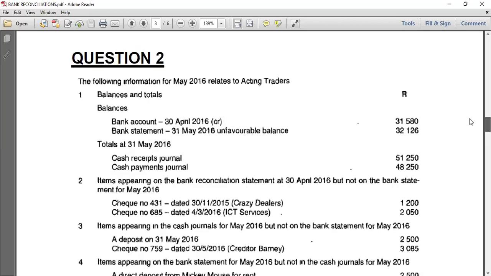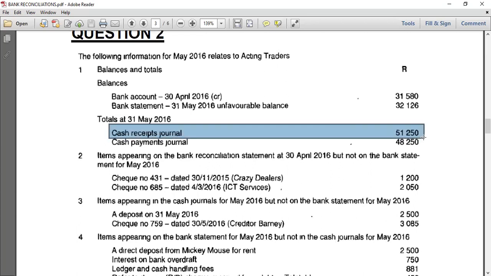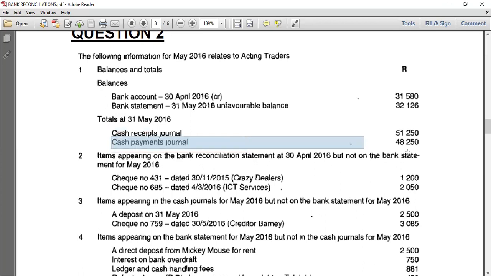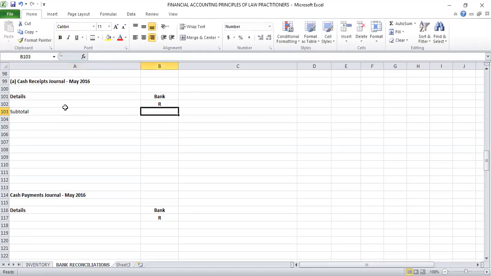These are the subtotals. So this one will be the subtotal for the cash receipts journal, and the other one will be the subtotal for the cash payments journal. So I'm going to say subtotal, that's 51250.